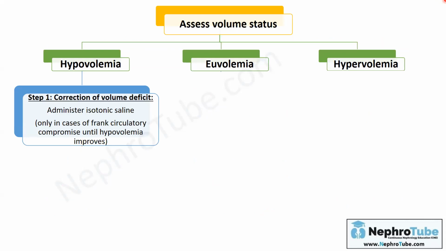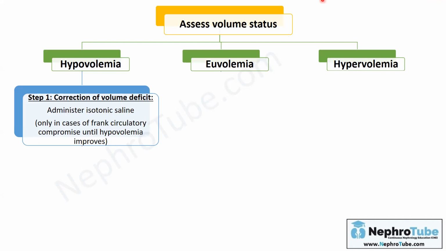Actually, the replacement fluid will depend somehow on the volume status of the patient. If the patient is hypovolemic, as we mentioned before also in hyponatremia, especially if there is circulatory shock or a very hypotensive state, the main target of the management is to correct his volume status, whatever his electrolyte state.